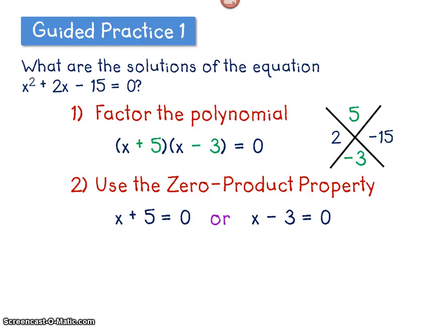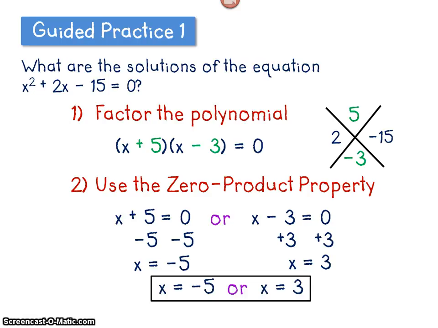Let's begin with x plus 5 equals 0. Solve it by subtracting 5 on both sides, and we get x equals -5. Then we go on to x minus 3 equals 0, and we solve that by adding 3 to both sides. So x equals 3. We now have 2 solutions of this quadratic equation: x equals -5 or x equals 3.